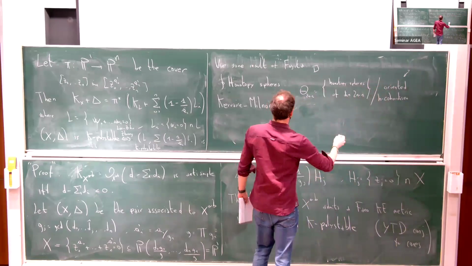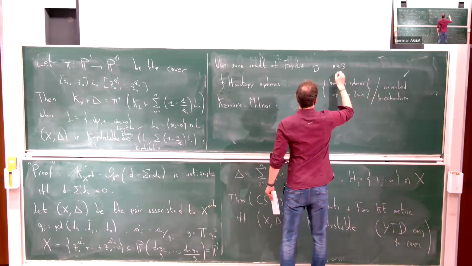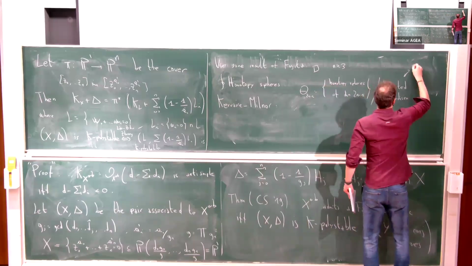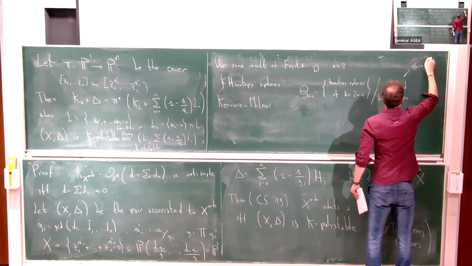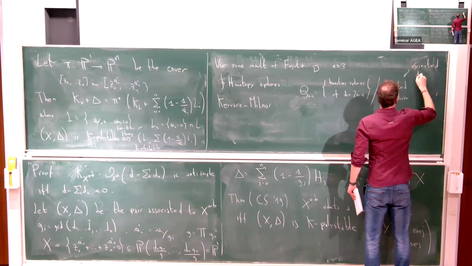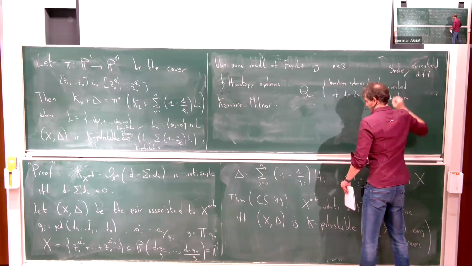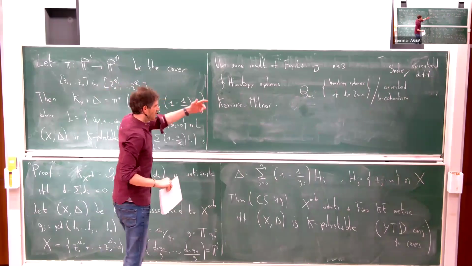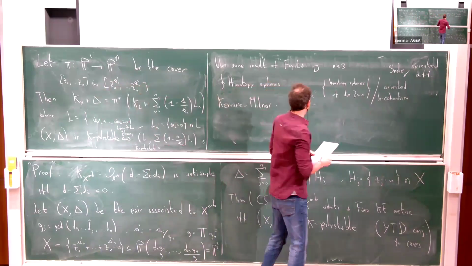So let's assume, let's do it this simple, that n is at least 3. So by Smale's theorem, this is the same as oriented diffeomorphism. This is Smale's h-cobordism theorem. So these are the objects we care about.